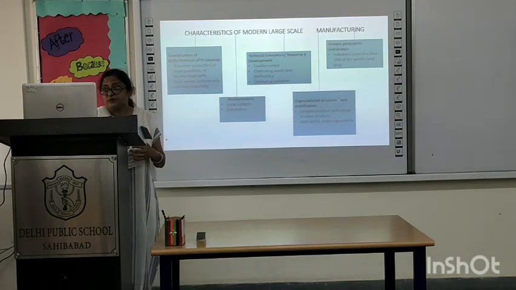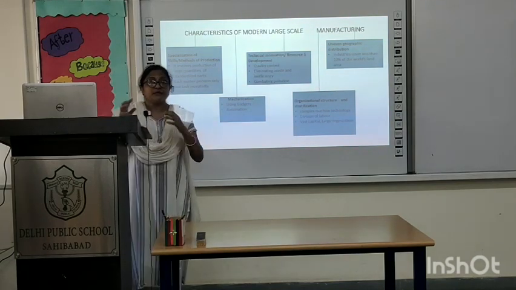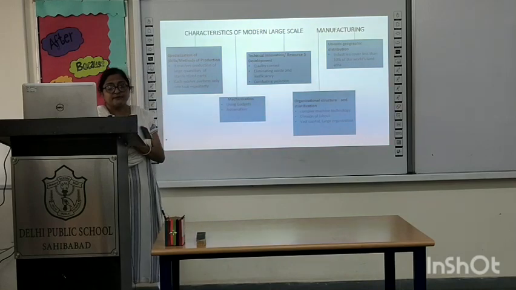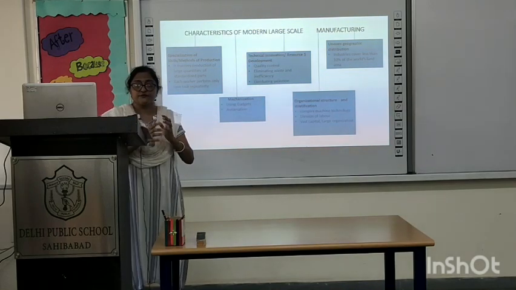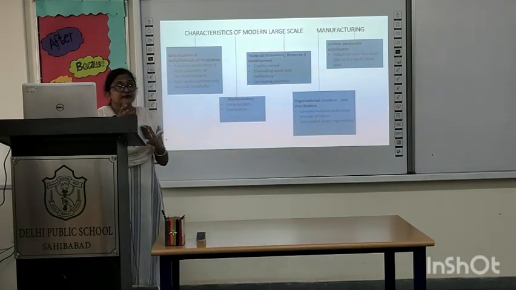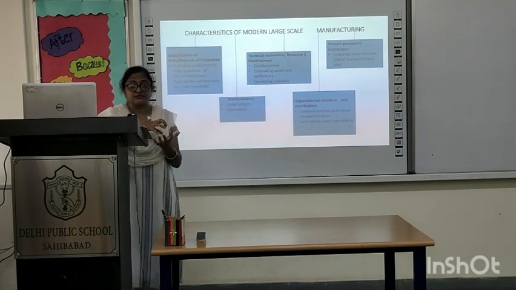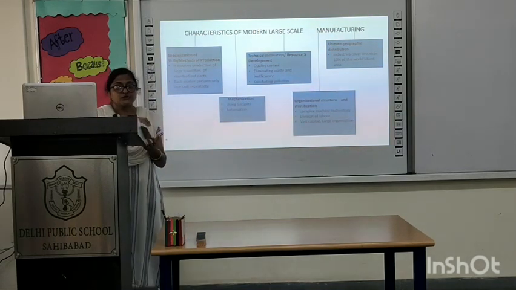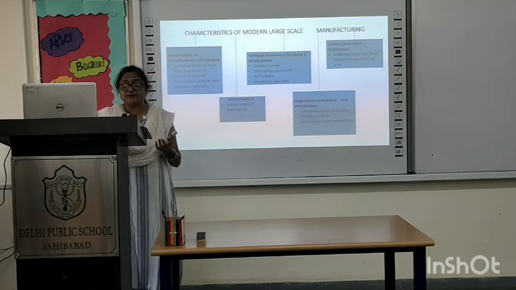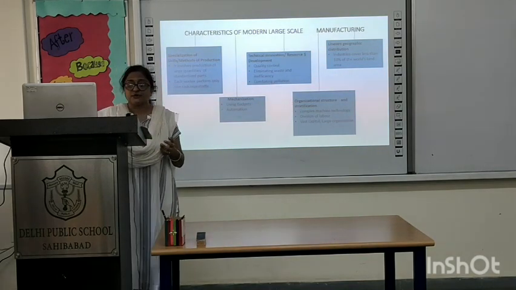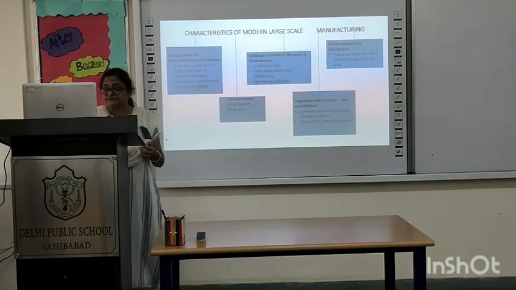Next we come to uneven geographic distribution. Major concentrations of modern manufacturing have flourished in a small number of places, covering less than 10% of the world area. So these nations have become more concentrated in economic and political power.